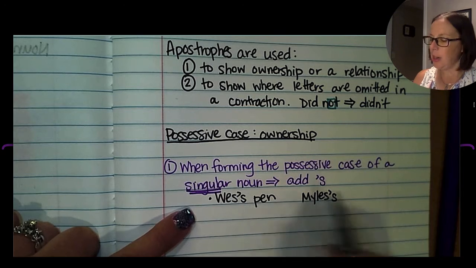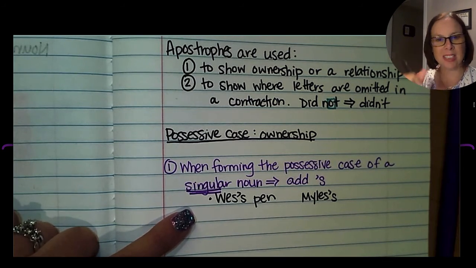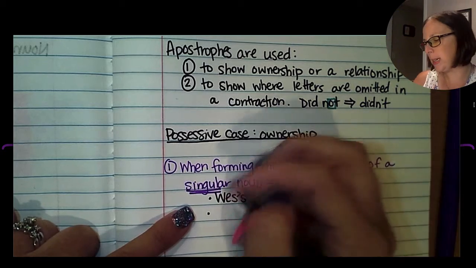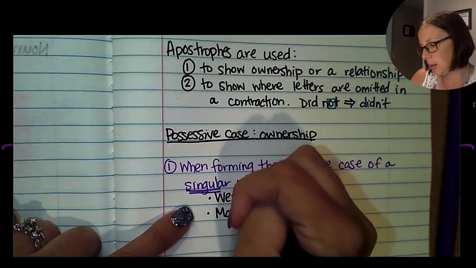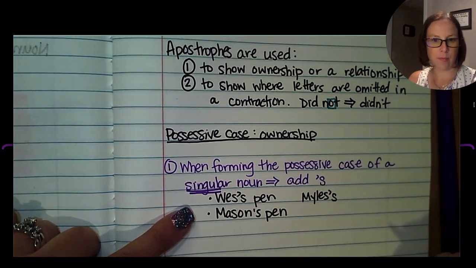It's insane. If it is a singular noun, no matter what it ends with, you put an apostrophe S, the same as you would if you were going to say Mason's pen.